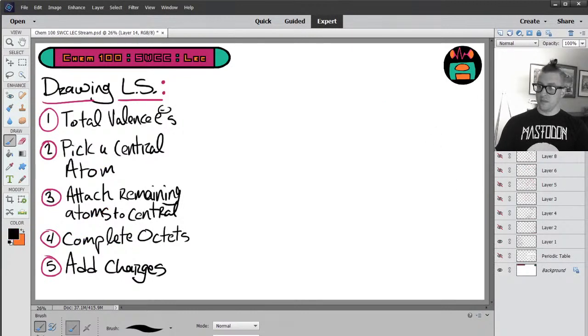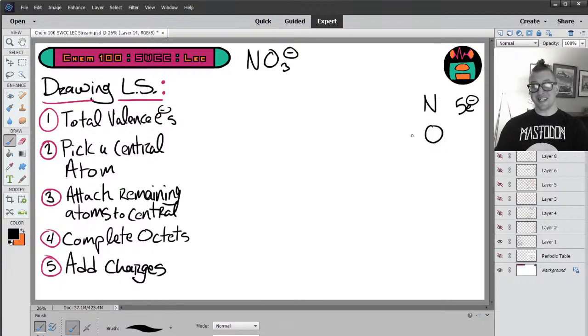So let's do the Lewis structure. I'm going to throw a curveball. Let's draw the Lewis structure for nitrate, NO3. Nitrogen has 5 valence electrons. Oxygen has 6. We have 3 of them. 3 times 6 is 18. And now we have our -1 charge.